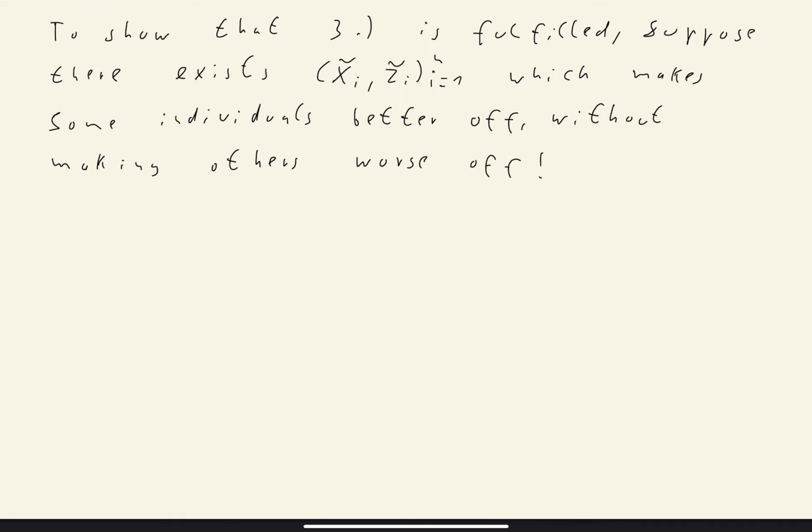So if condition 3 is not fulfilled, this is the contradiction part. There exists some allocation, which I denote by xi tilde and zi tilde, such that some individuals are better off and others are not worse off compared to the allocation xie and zie.